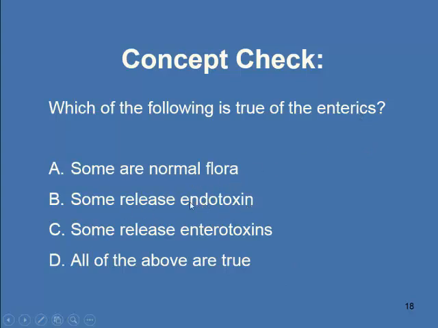Additionally, because they are gram-negative, they all have lipopolysaccharide in the outer cell wall, and as a consequence, they possess the endotoxin if the bacterial cell wall is released. And then some produce enterotoxins, which is true in the case that bacteria secrete enterotoxins causing diarrhea.